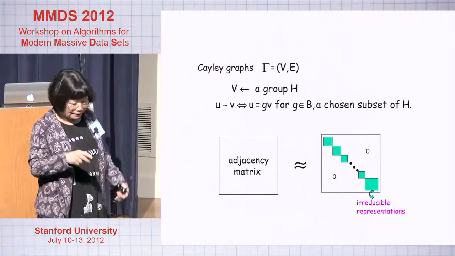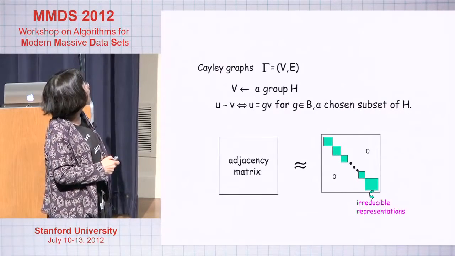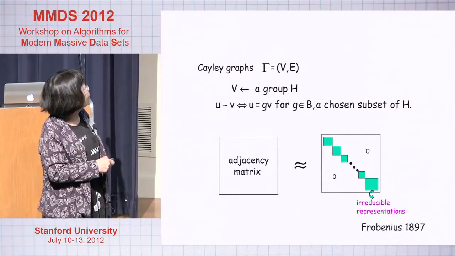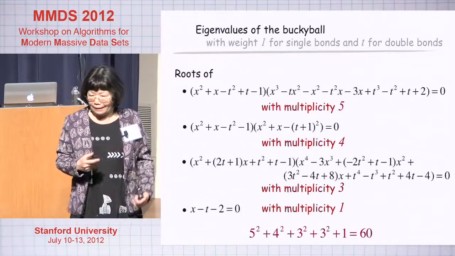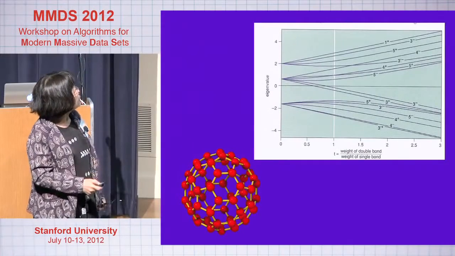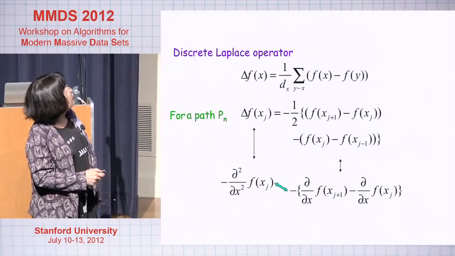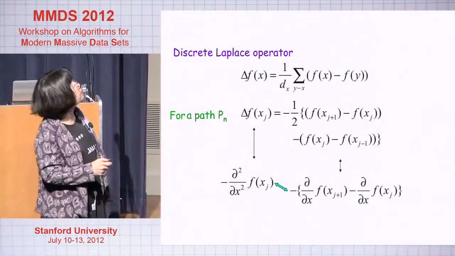The reason it is so nice and symmetric and so pretty is that we can use a lot of tools to break the matrix up into little blocks and then give us very nice solutions according to Frobenius for eigenvalues and for these vibrational spectra.